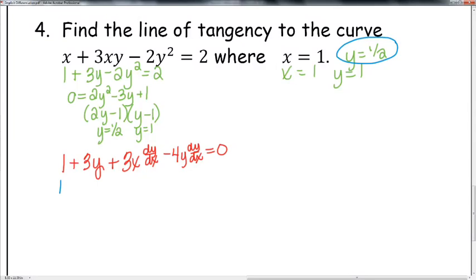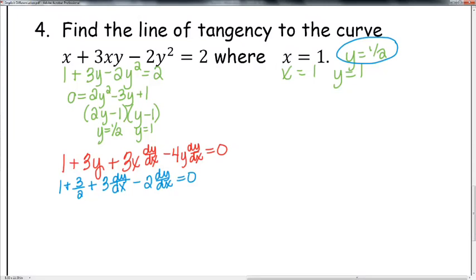So this will be 1 plus 3 halves plus, since x is 1, this will still be 3 times 1, so 3 dy dx, minus 4 times a half, which is 2, multiplied by dy dx. And that's equal to 0.